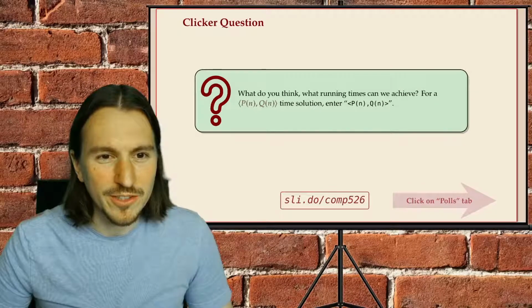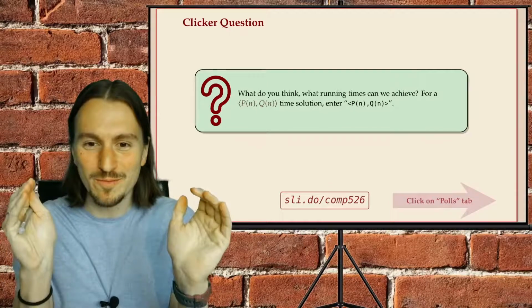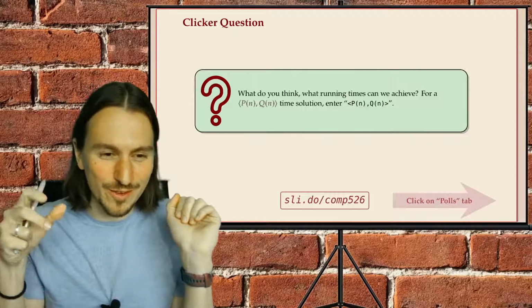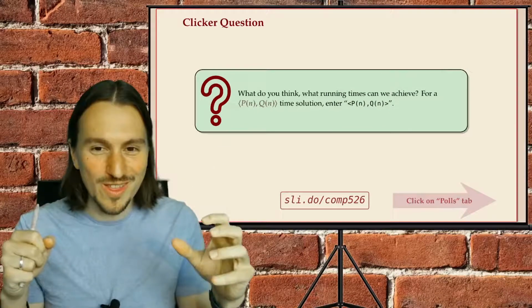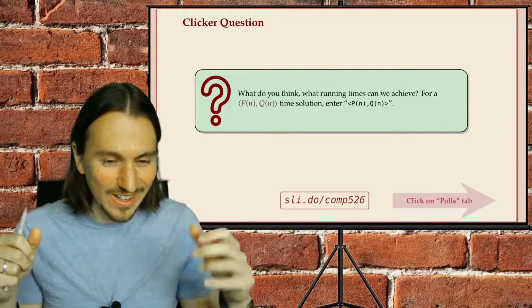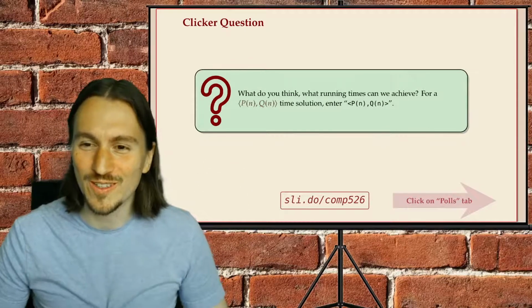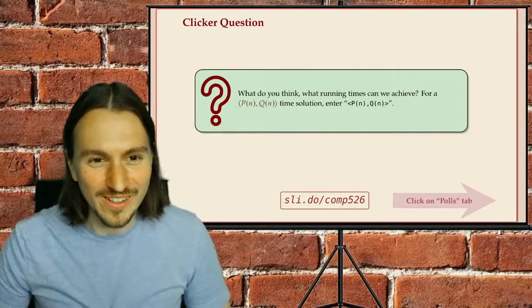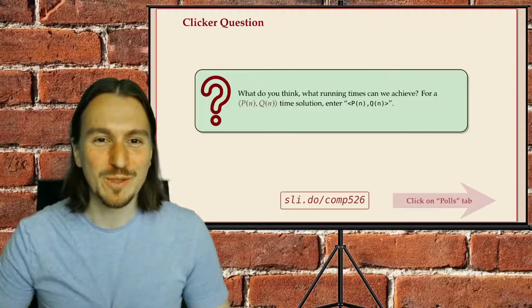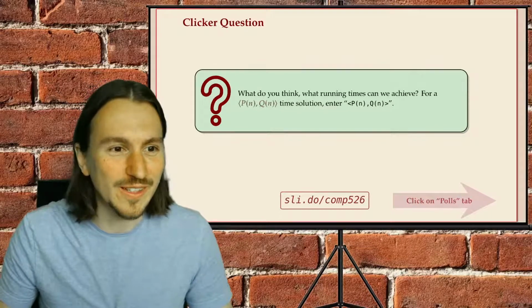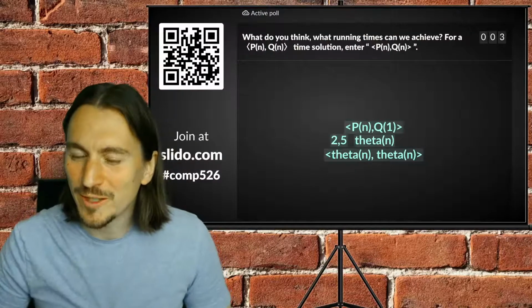For example, you could write angle brackets of theta square root n comma theta n to the 5 or so. Obviously, these don't make sense. I don't want to give you any anchor, so that you're free to come up with the answers any way you like. And I think you can see the answers anyway, so I might as well show this.